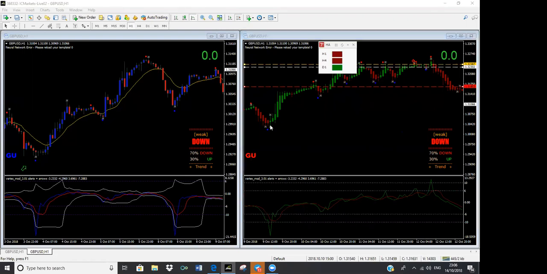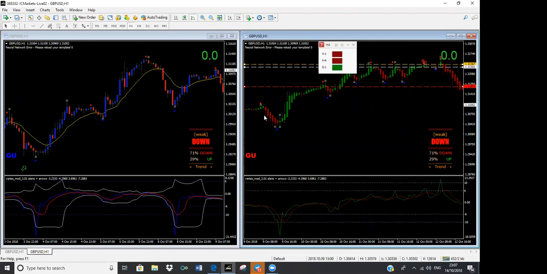If the V is not yet formed, don't be in a hurry to enter your trade before the blue dots. Before you even get into profit, you're going to have to wait a couple more hours. Be patient.